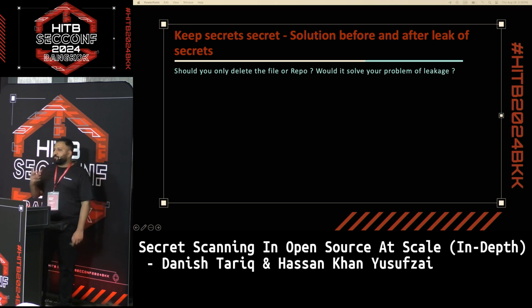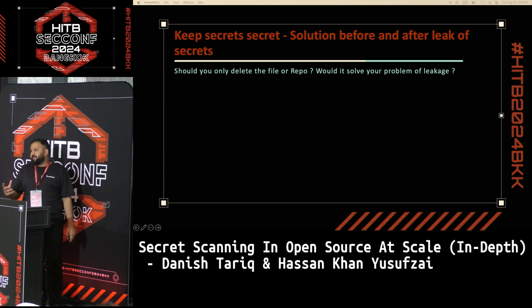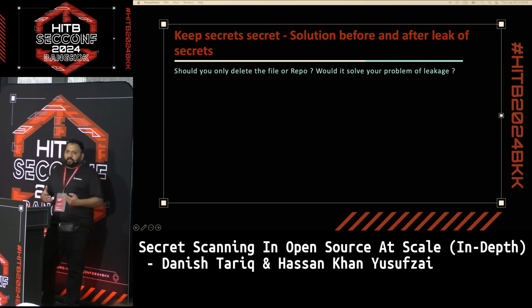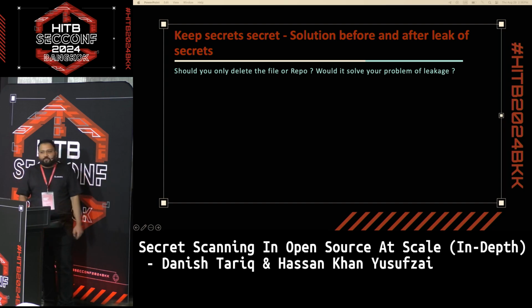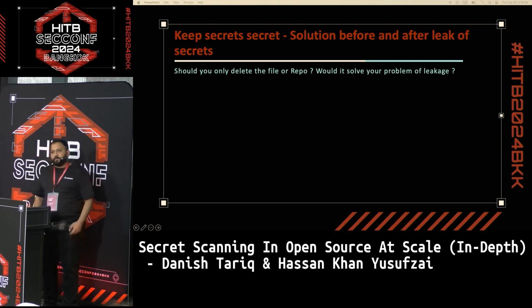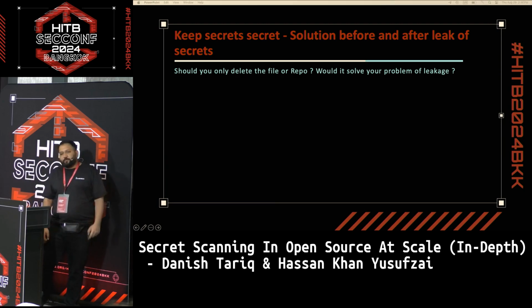So what should be done before the secret is leaked and after the secret is leaked, right? For example, if a secret is leaking in a GitHub repository, should you just delete the file on GitHub to remove the secret from public eyes? That is not preferable most of the time, because it could be in the commit history and whatnot.